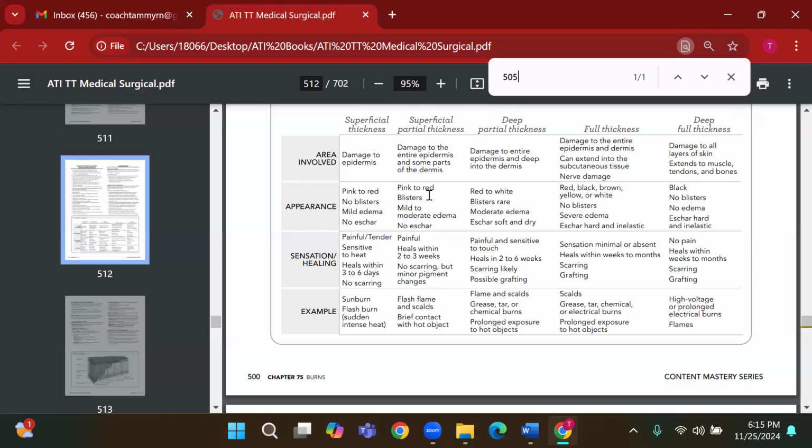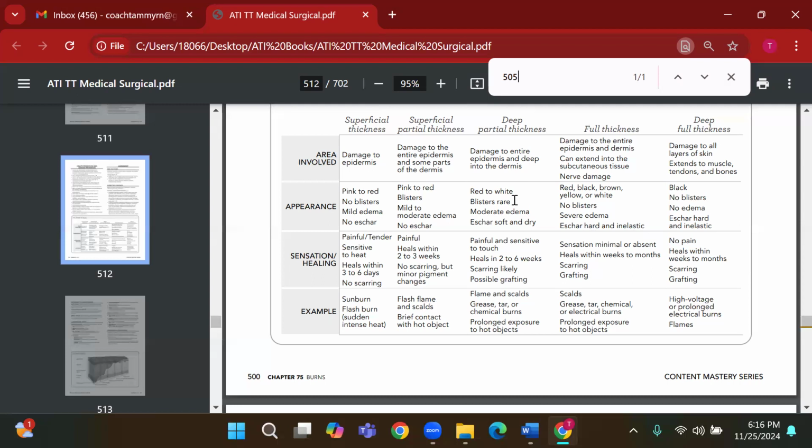Now, when you get deep partial thickness, look what this says: damage to the entire epidermis and deep down into the dermis, okay? Let's see what it looks like appearance-wise. Red to white. Now, that's different because the skin will turn kind of white. You would think it would be more black.